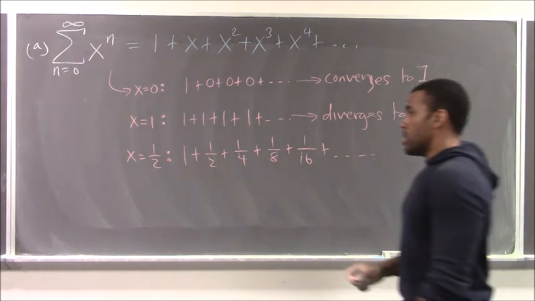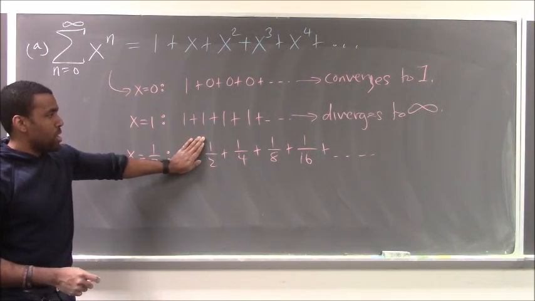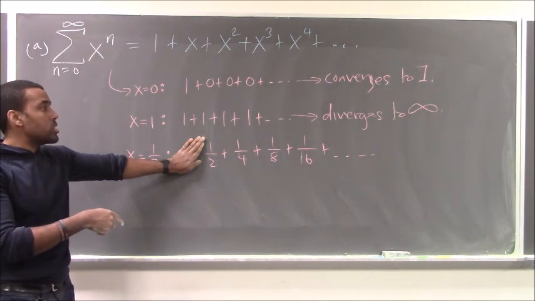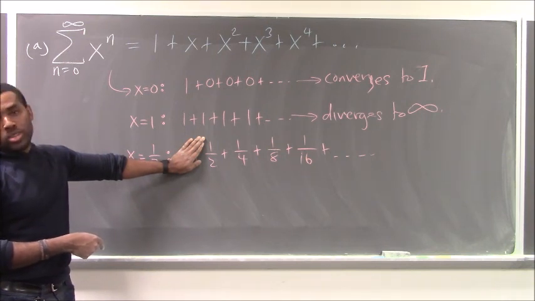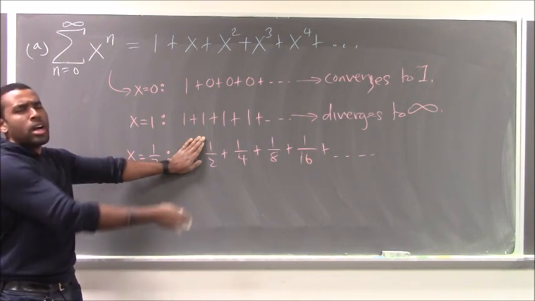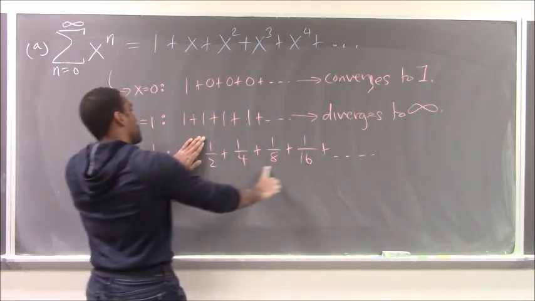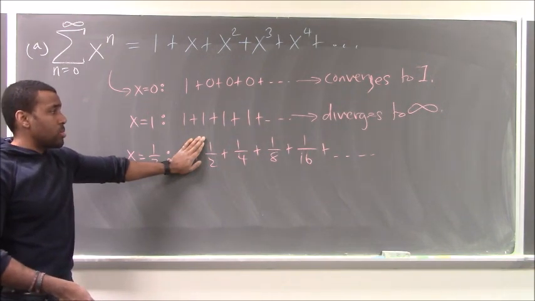Now, this example should be familiar to you. If I forget about the first 1, you might remember that this was the example I mentioned when we started introducing series, when I spoke about the dichotomy paradox and what it would take to actually walk a mile. You'd have to first walk a half a mile, then a quarter of a mile, then an eighth of a mile, and we knew this sum was a way of dissecting 1 mile. So we know that that adds up to 1.